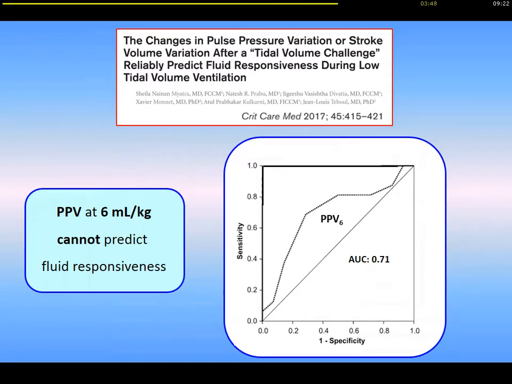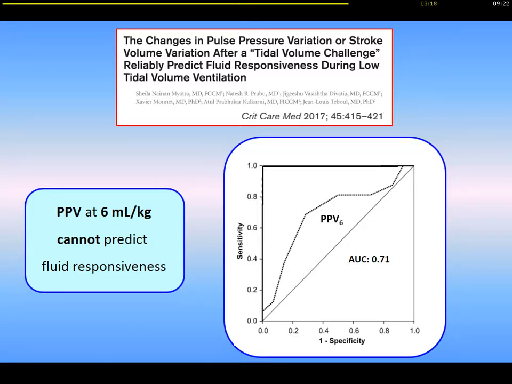This is why we tried to overcome this limitation, and with a team from Mumbai, with Professor Sheila Myatra, we tried to perform a study by making the hypothesis that if we increase tidal volume transiently from 6 to 8 ml per kilogram for 1 minute only, maybe we can predict responsiveness using only PPV.